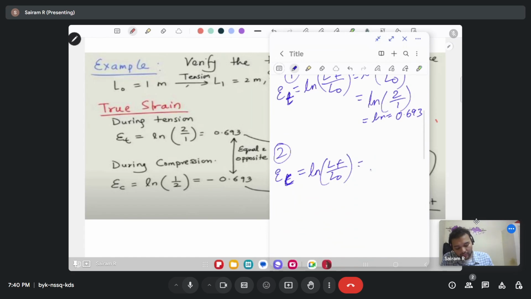So ln of final is 1 meter and the initial is 2 meters. So this actually becomes 1 by 2, or we can say 2 power minus 1. And then we know ln of x power minus 1 is minus ln x, which is minus 0.693.